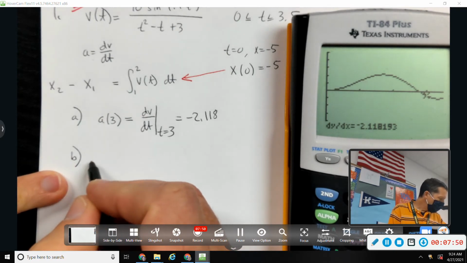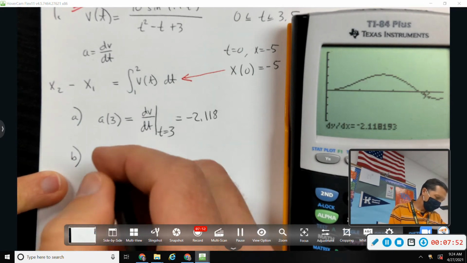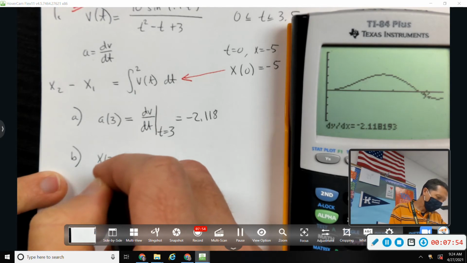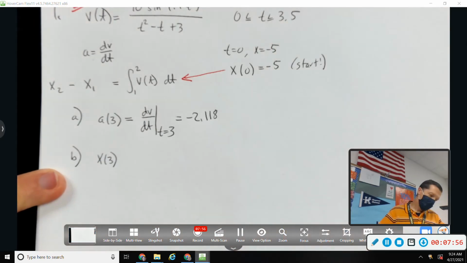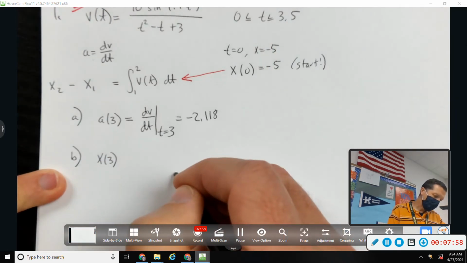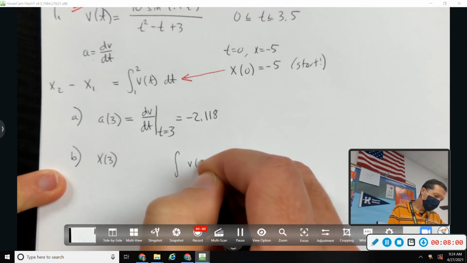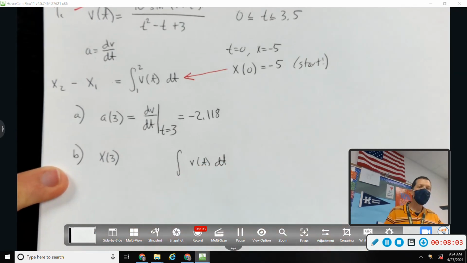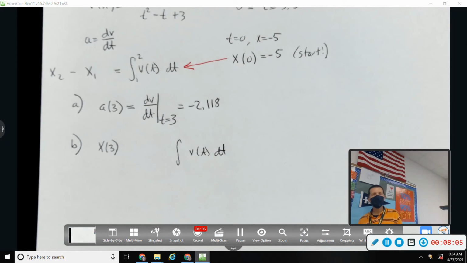Part B. Find the position of the particle at time equals 3. So find x of 3. Okay, well we already said we'd need to integrate velocity to get position. But what should I use for my limits?